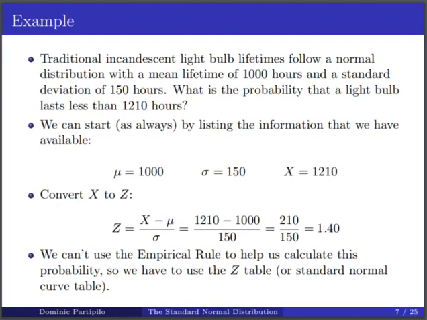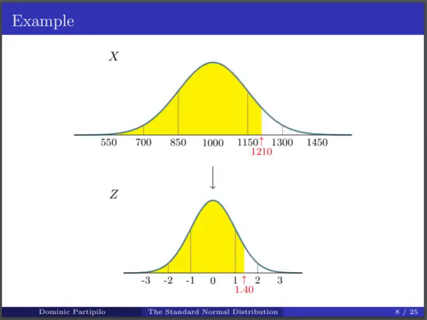Since this z value is 1.4, it tells us that 1,210 is 1.4 standard deviations above the mean. And since this isn't exactly 1 or exactly 2, we can't use the empirical rule to help us here.